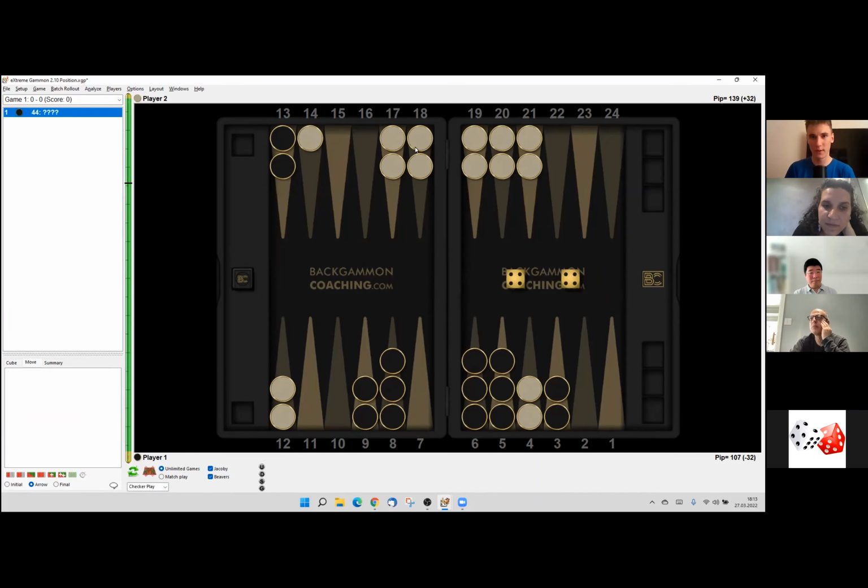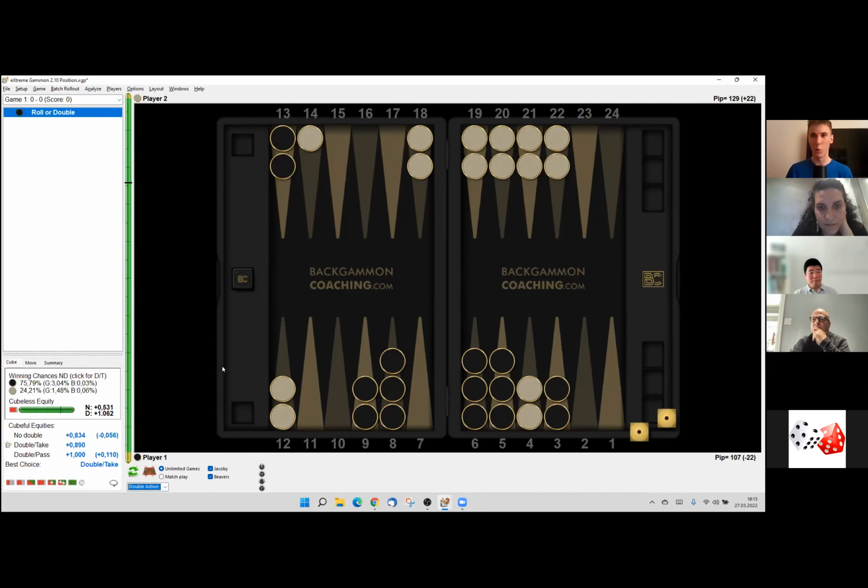He's going to move something, whatever. And well, now I'm on the roll, but before I said that we want to double before it becomes a pass. But now, even if I roll double fours, it's not a pass because I couldn't leave my 13-point.